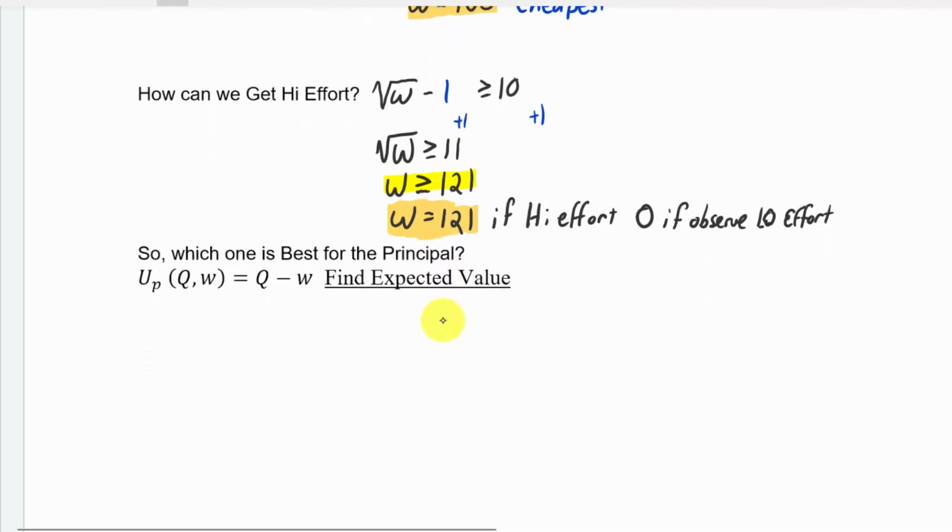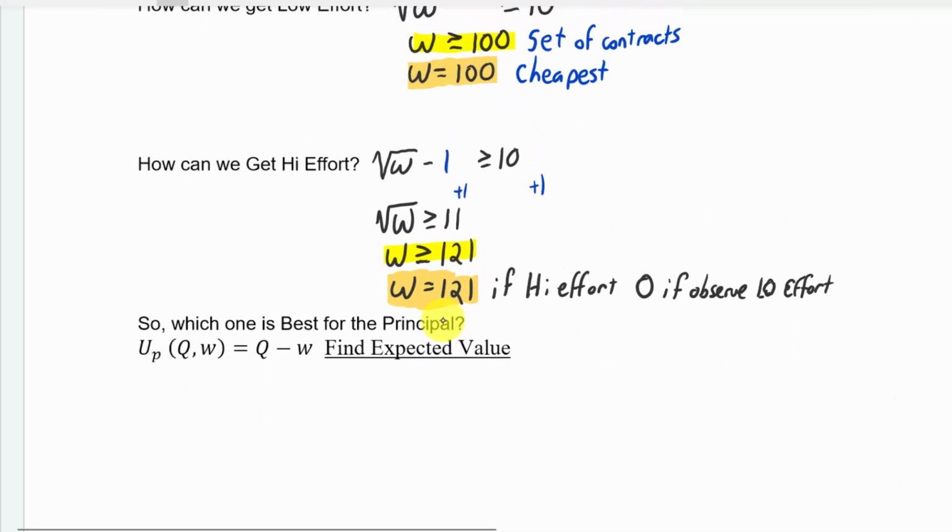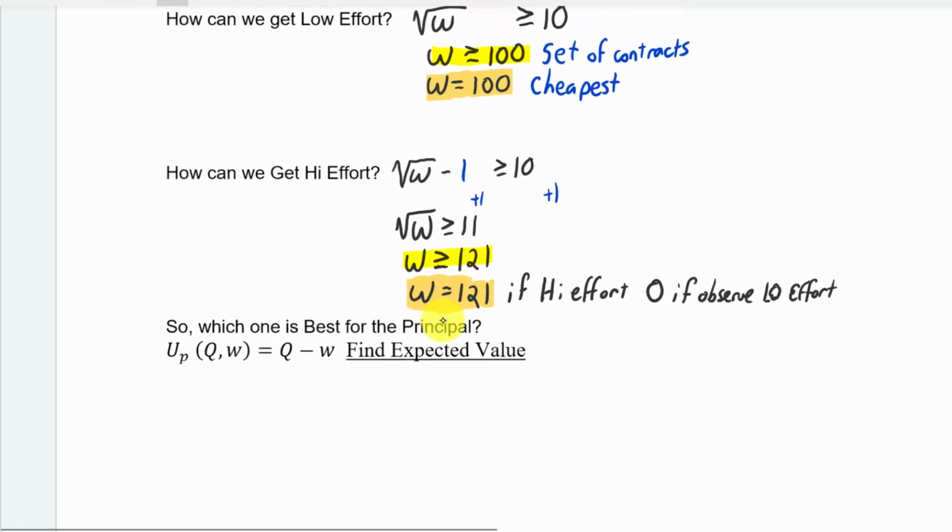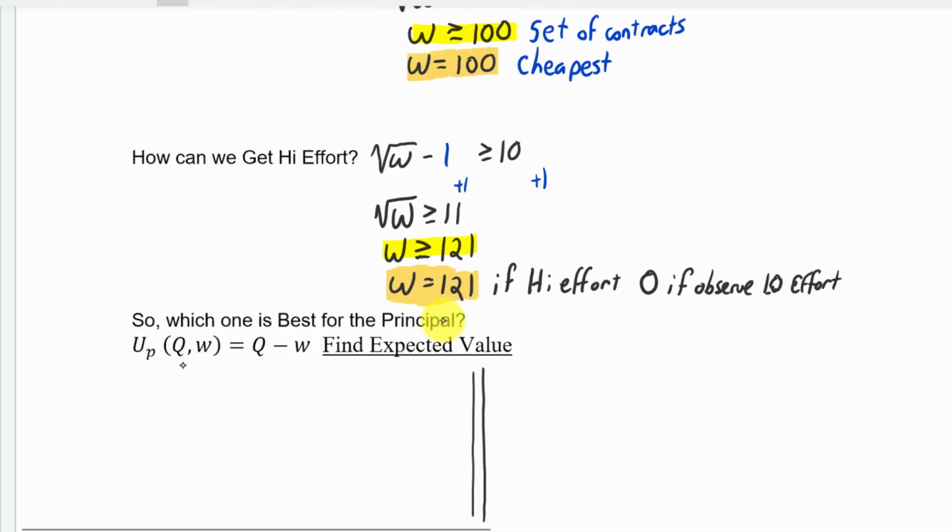So we're going to find the expected value given these 2 contracts. Let's divide our workspace into 2 parts. Over here, suppose we hired the person wanting them to give low effort, and they did. What would happen? Over here, high effort. What would happen?